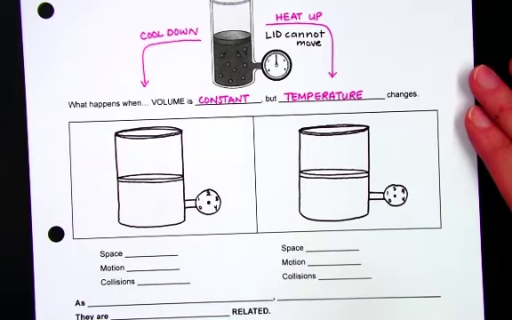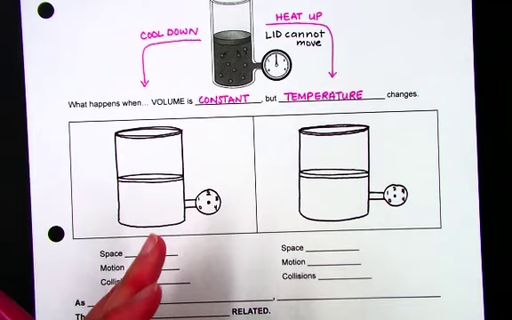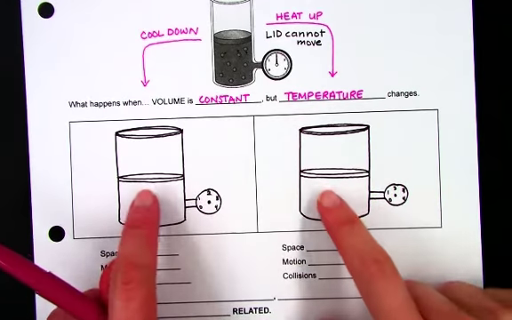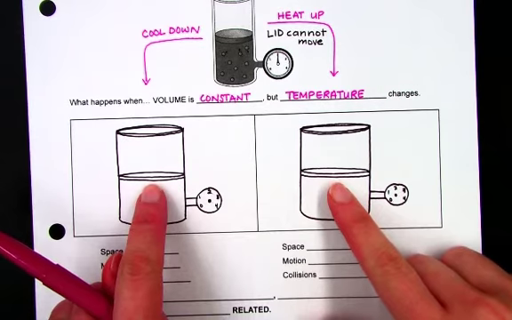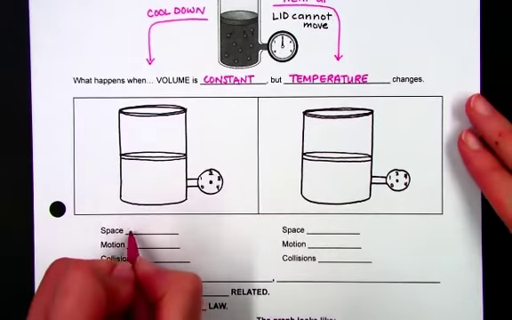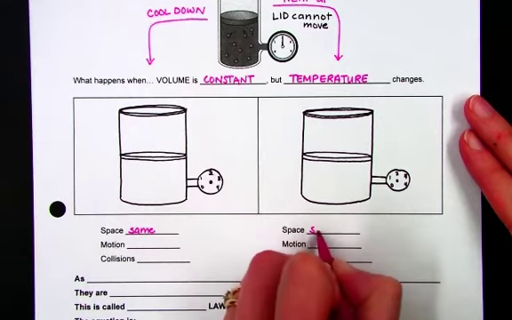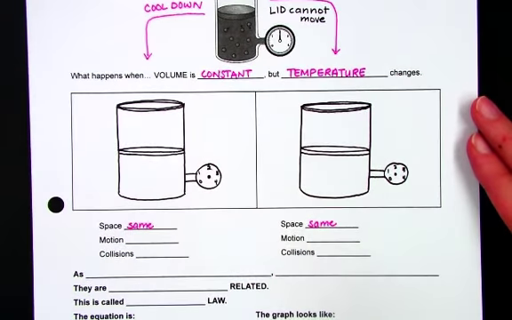Okay, with drawings? Good. Remember, if volume is constant, what we're saying is this top lid stays in place. The space is the same, for both scenarios.